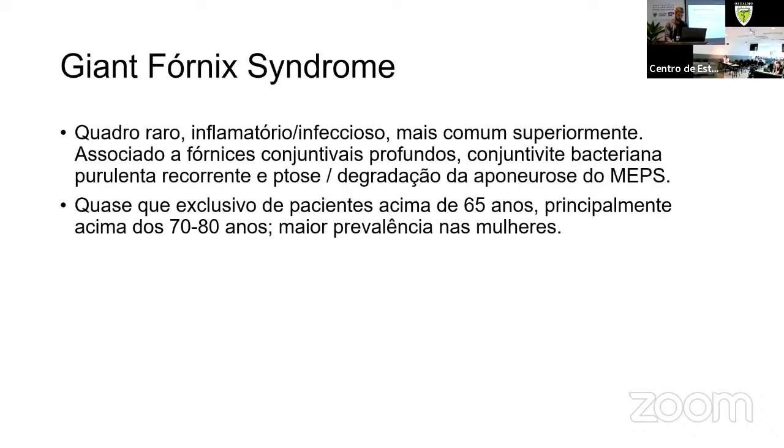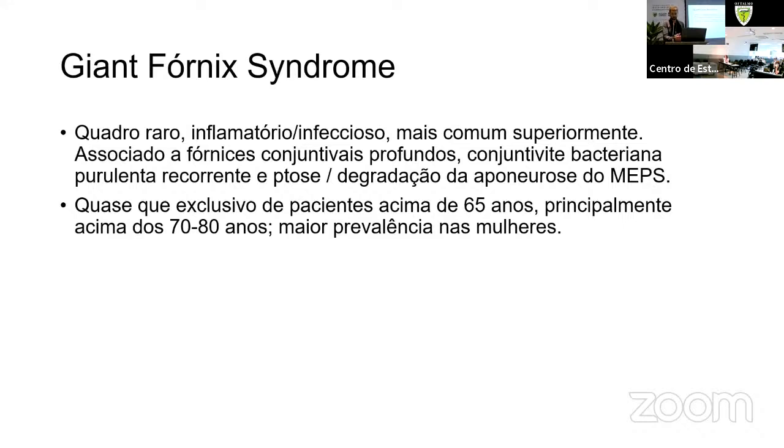I'm going to talk a little bit about the giant fornix syndrome. It's a rare case. It's inflammatory and infectious, and it's much more common superiorly. It's associated with deep conjunctival fornix, bacterial conjunctivitis, and it may be associated with ptosis and dysfunction of the MAPS, which is the músculo elevador da pálpebra superior.